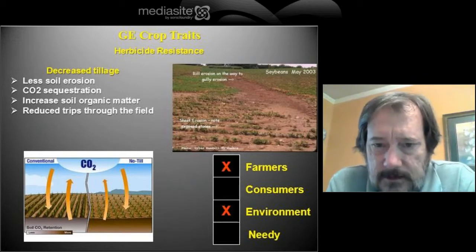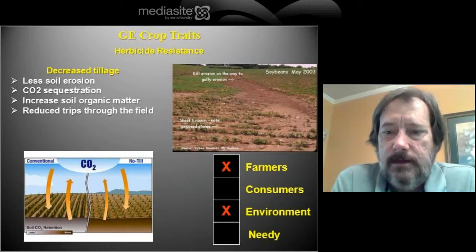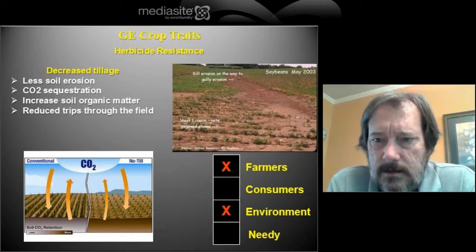As long as we can keep a cover out there by reducing tillage, we're going to keep the soil where it needs to be and keep it from running off into the streams. So I borrowed this concept on the bottom right from Kevin Folta. I was watching his talk, and he had slides that were very similar to mine, but he had this little diagram on the bottom right that indicates who benefits from these technologies.